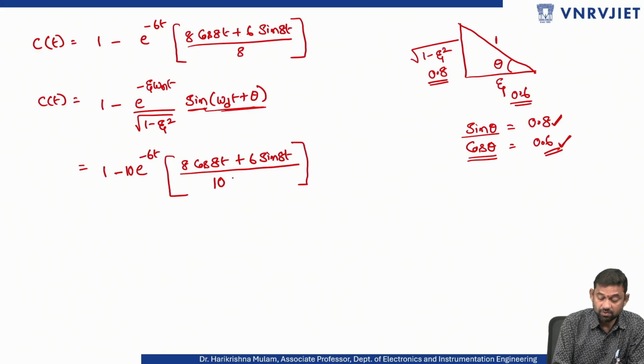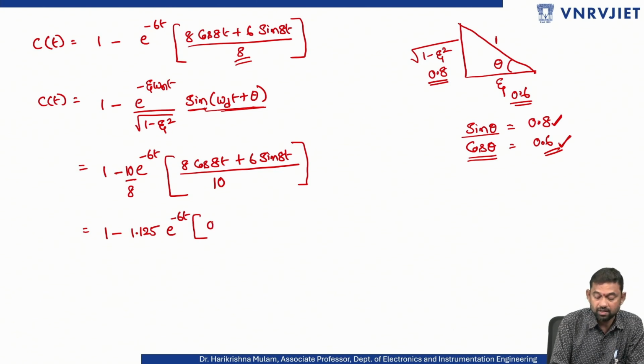And what else is left over? 8 is left over here, and let us bring it out. Therefore, this is 1 minus 10 by 8, which is 1.125, into e power minus 6t into (8 by 10 is 0.8) cos 8t plus (6 by 10 is 0.6) sin 8t.